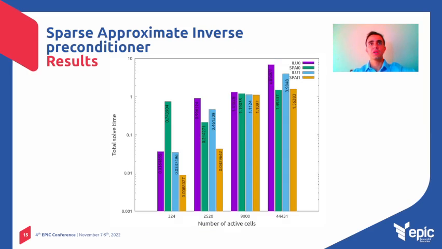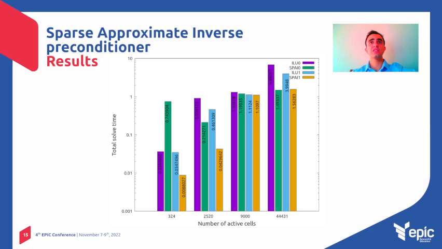So here are the results comparing total solve times for different matrices, for different reservoir models with different numbers of active cells as shown on the x-axis. The idea here was to compare ILU0 with SPAI0, so no fill-in for these, and ILU1 with SPAI1, now taking the square of the original matrix for building the preconditioners.